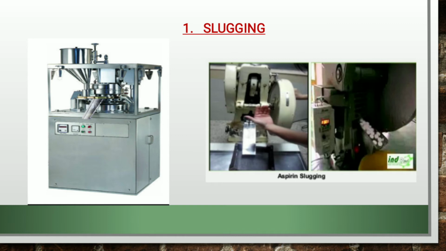Also, it produces excessive sound pollution and increases the use of storage containers. Besides, more energy and time is required to produce 1 kg of slug as compared to 1 kg of roller compact. Now let's discuss roller compactors.